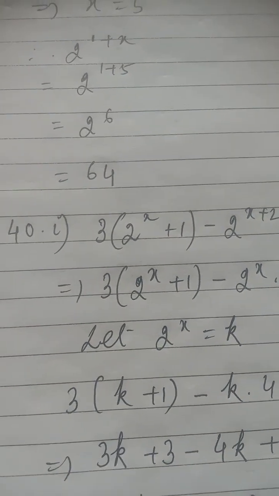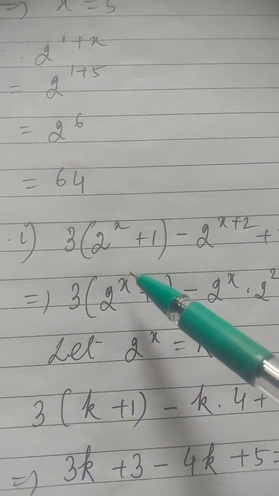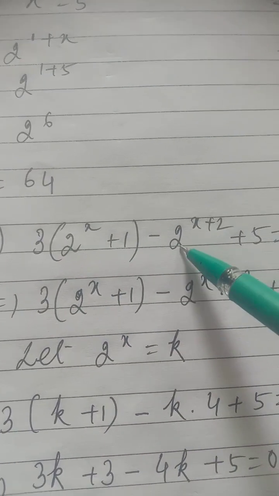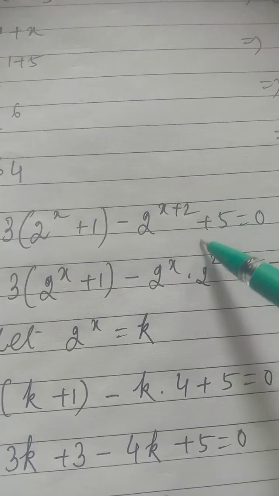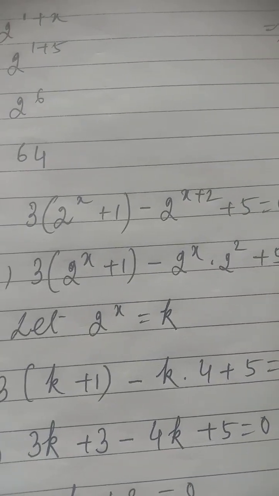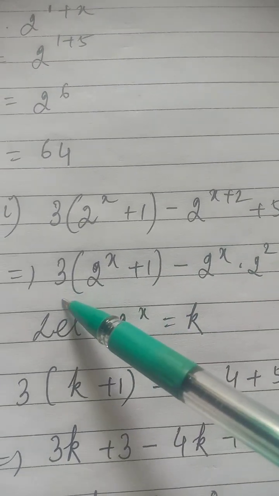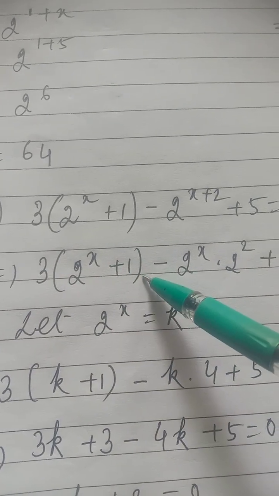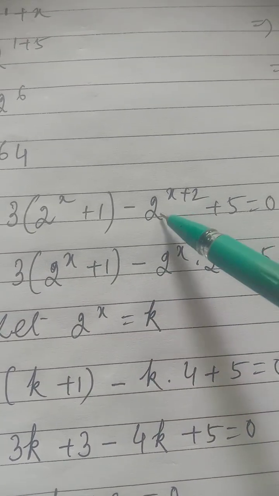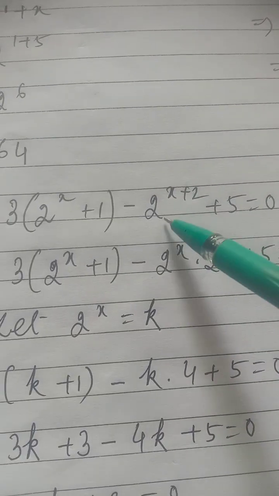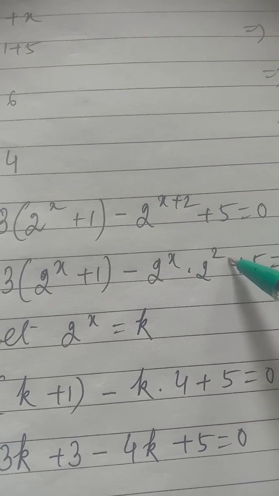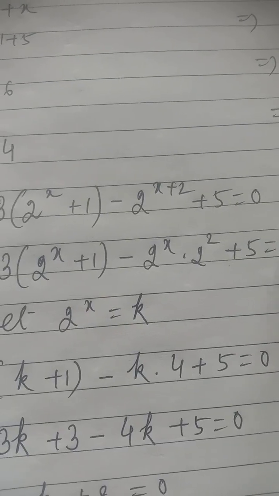Now question number 40 is first. It's 3 to the power 2x plus 1 minus 2 to the power x plus 2 plus 5 equals 0. So this implies 3 to the power 2x plus 1 written as it is, minus 2 to the power x plus 2 can be written as 2 to the power x into 2 to the power 2, plus 5 equals 0.